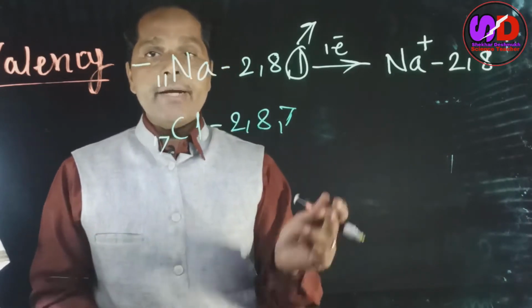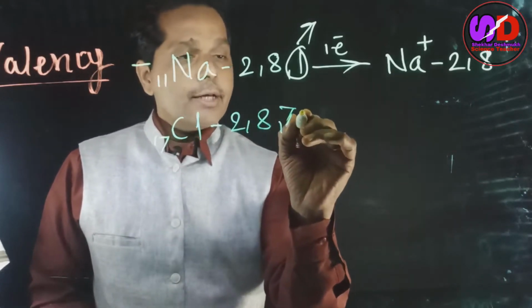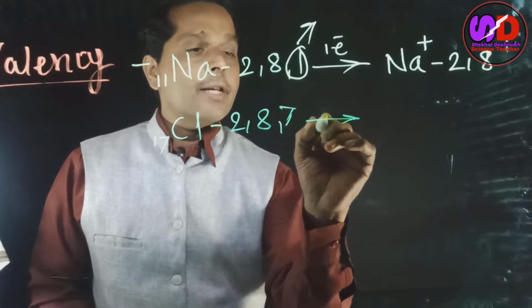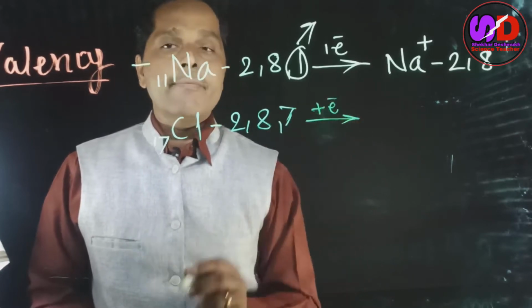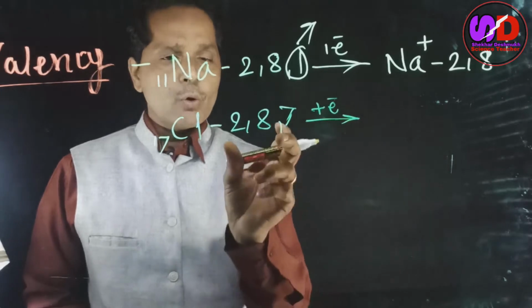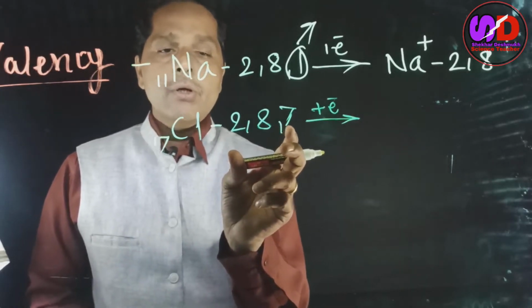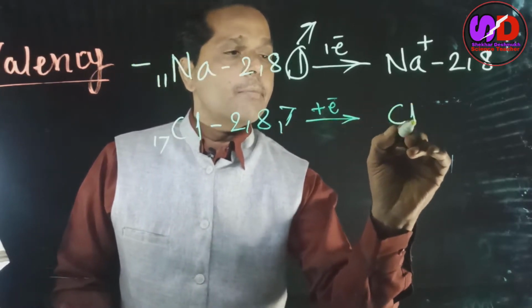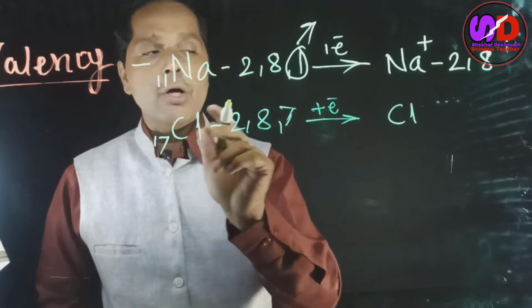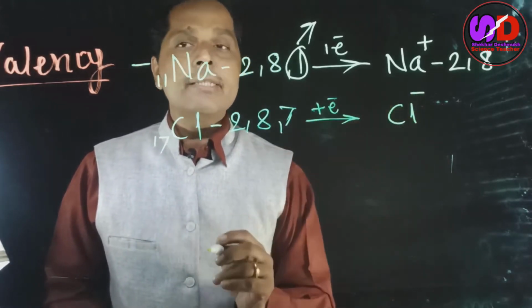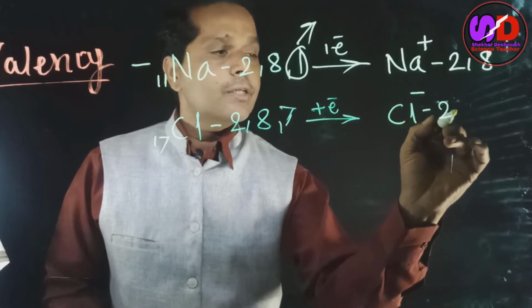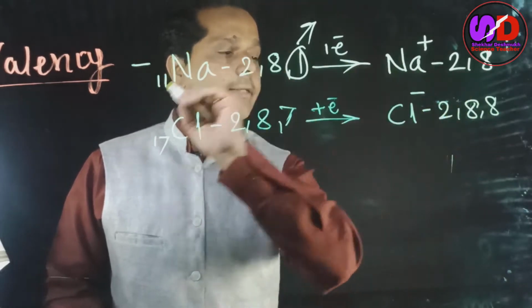Chlorine always takes 1 electron. So it takes 1 electron, and because it has 1 more electron now, Cl- is formed with electronic configuration 2, 8, 8.